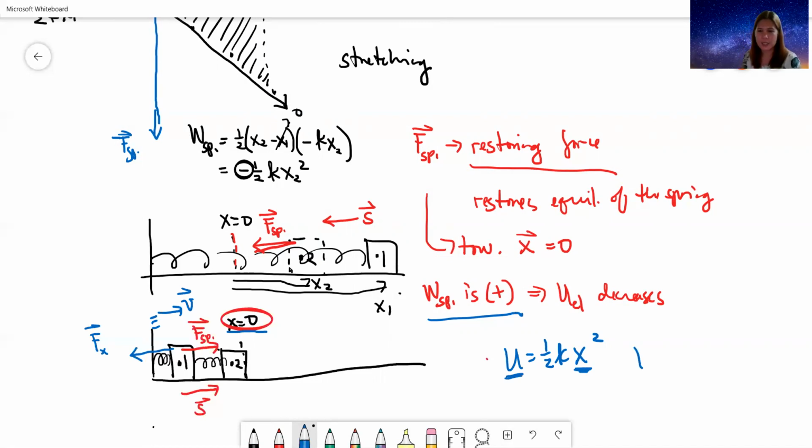Kaya, we say that that is the physical meaning actually of the negative here in the delta U elastic. Whatever is the change in the potential energy elastic, yun yung opposite sign niya. So meaning, kung ang elastic potential energy nag-increase, ang work ng spring negative. Pag ang elastic potential energy bumaba, ang work ng spring positive.